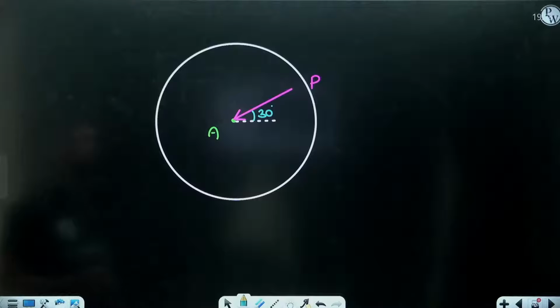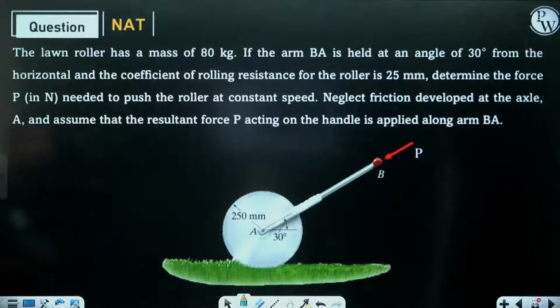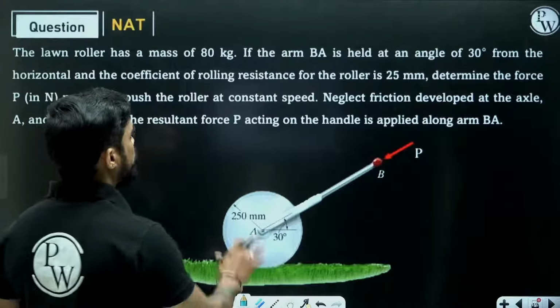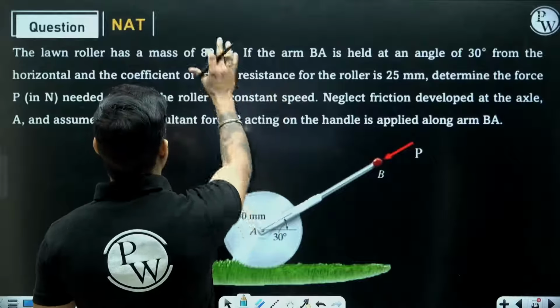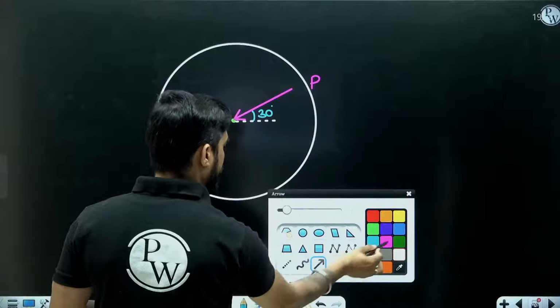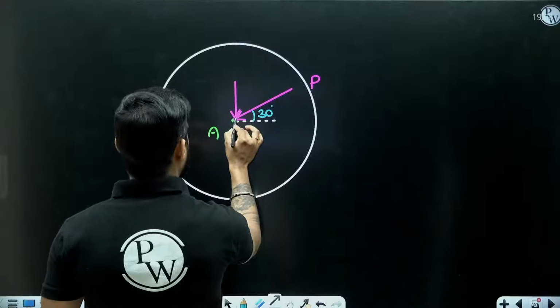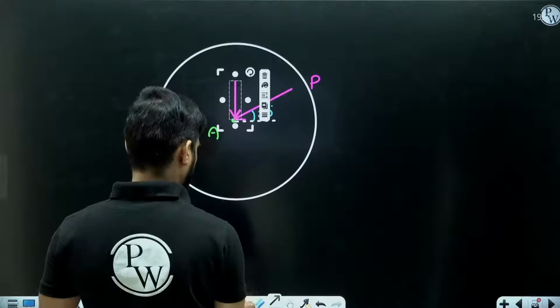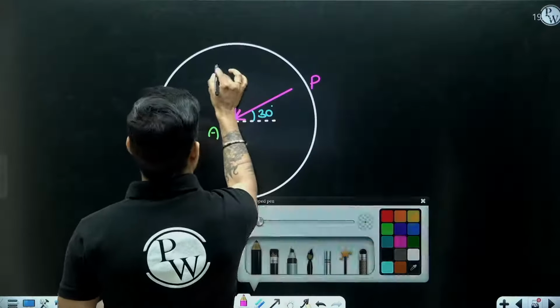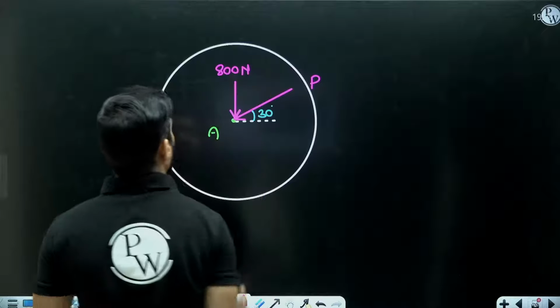Now the weight of this roller is how much? Let's assume g equal to 10, so the weight will be 800 Newton. It will act like this.